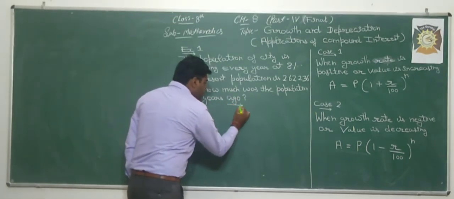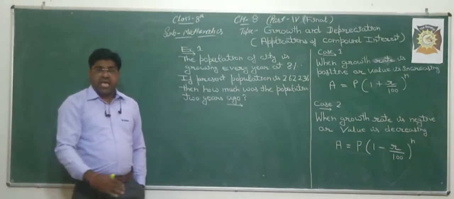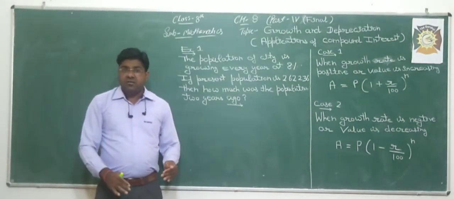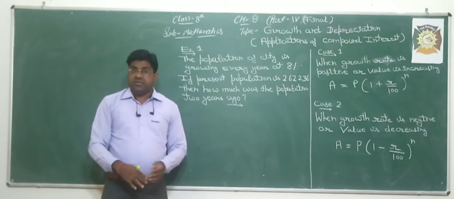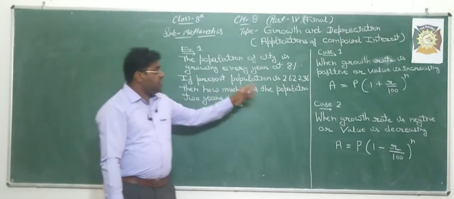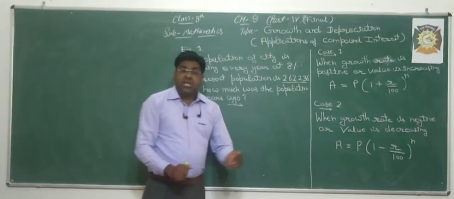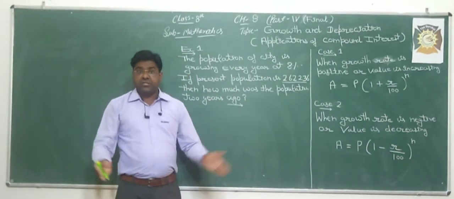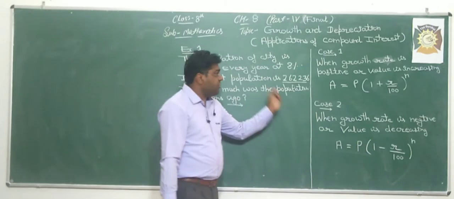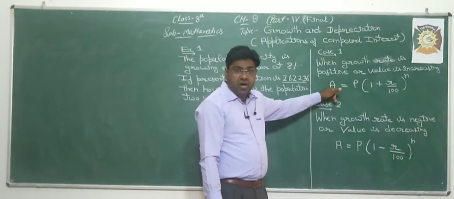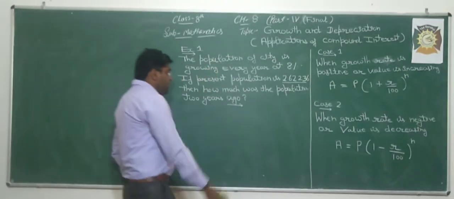Note down this carefully. 2 years ago, that means we have to find the population which was before 2 years. This is the increased population after 2 years, or we can say this is the amount.